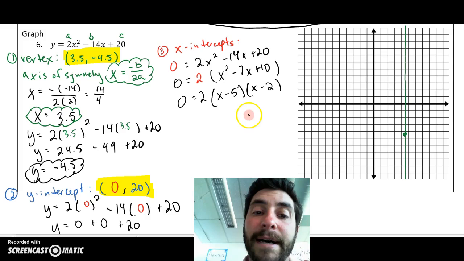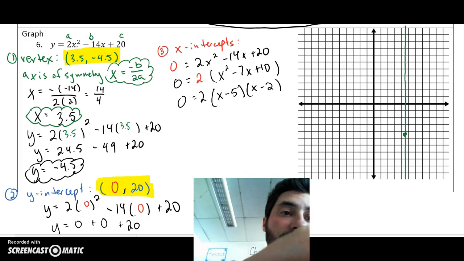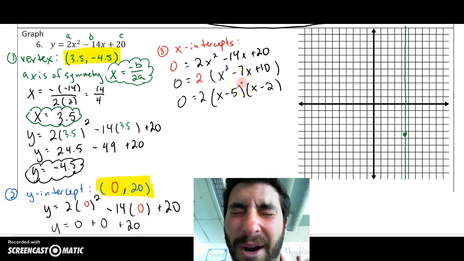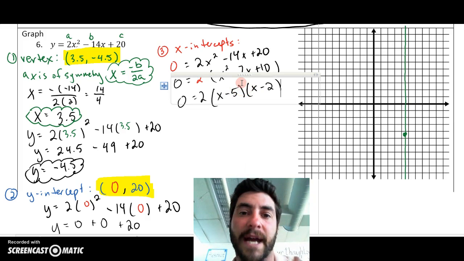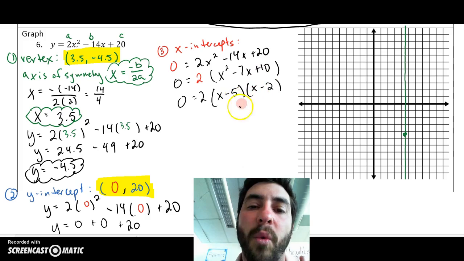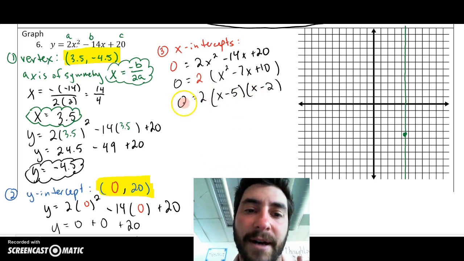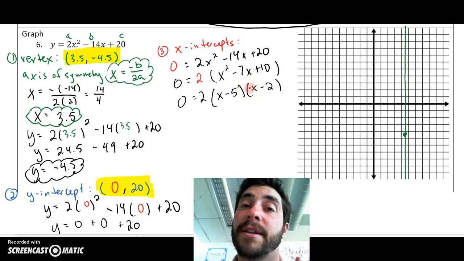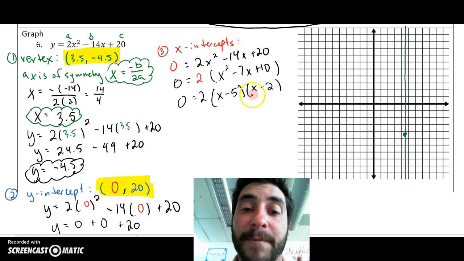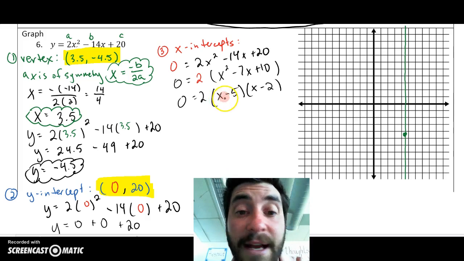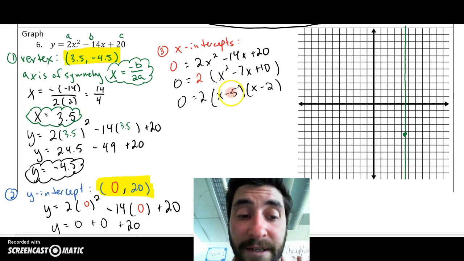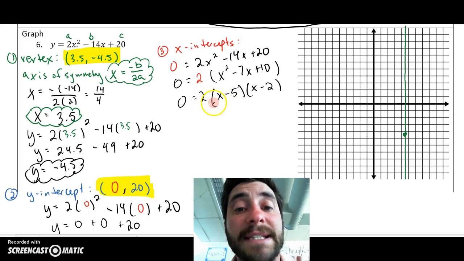So what are my x values? What times what makes 0? How do I multiply to make 0? That's a question we keep coming back to. What can I multiply by to get a result of 0? 0 times anything. The key is one of these has to be 0. Not x has to be 0, because if x was 0, 0 minus 5 is negative 5.